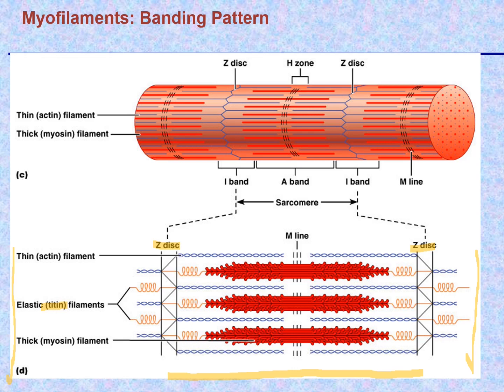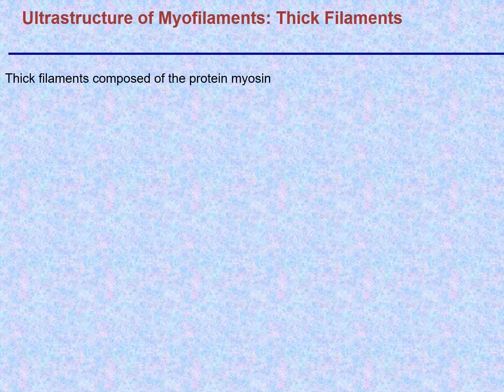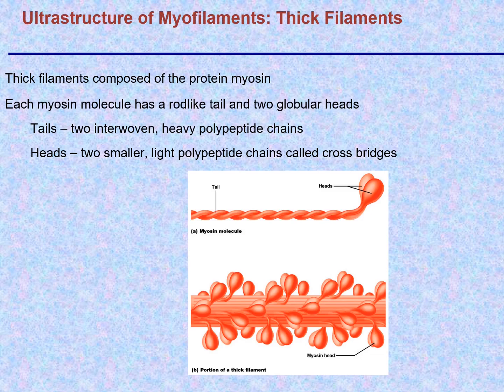This is the way the sarcomere, the fundamental unit of contraction within skeletal muscle, is described. The actual process involves thick and thin filaments sliding past each other. The thick filaments, made of myosin, have multiple myosin molecules, each one having a tail and head structures.